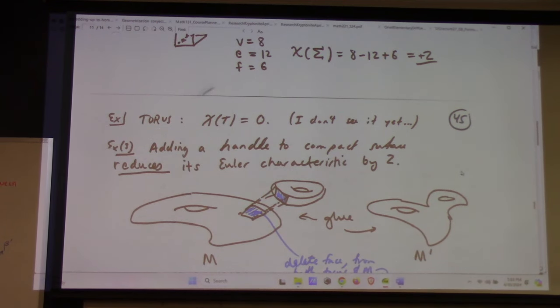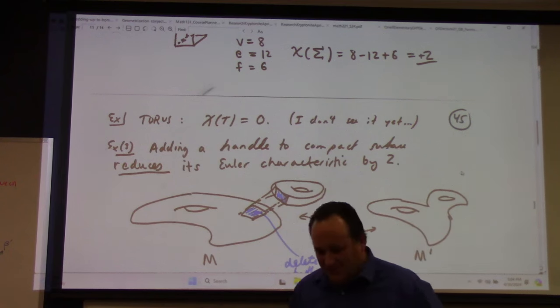I guess if you add a handle to a sphere, does that make it a donut? Yeah. So it makes sense that if the Euler characteristic of a sphere is 2, the Euler characteristic of a donut ought to be 0. Is anything with one hole a donut?